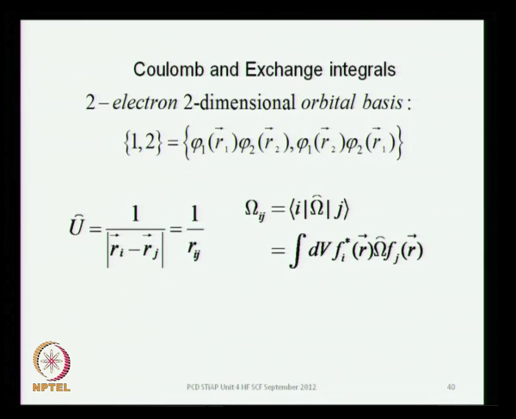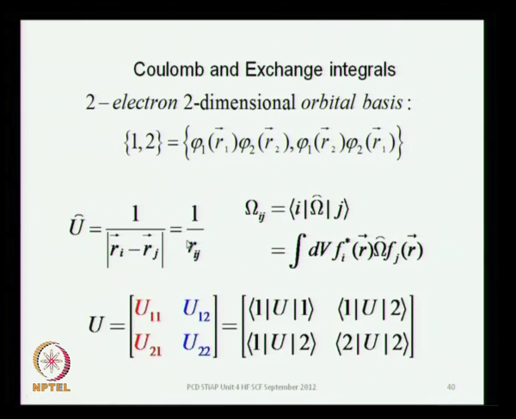right. So, this is what you have to do for the Coulomb interaction, and accordingly you will have a matrix representation of the Coulomb interaction, which will consist of a 2 by 2 matrix U11, U12, U21 and U22. So, these are the integrals that we have to determine. Okay. So, let us look at these integrals now.